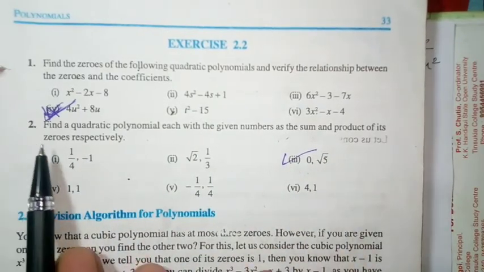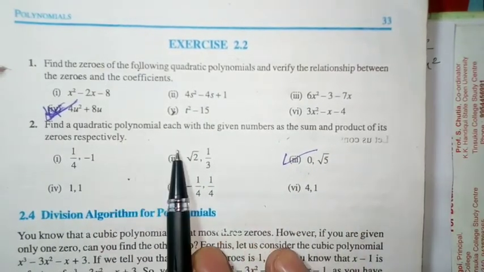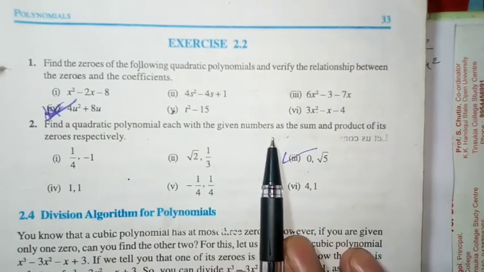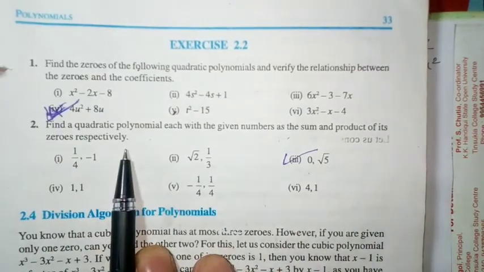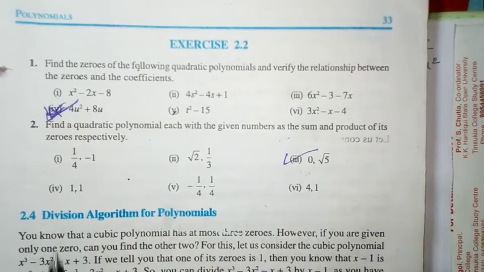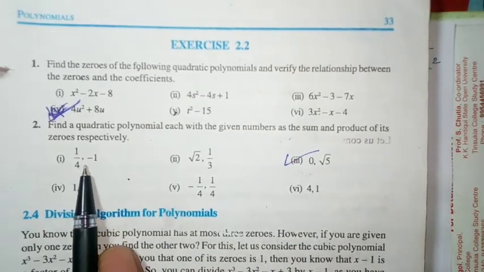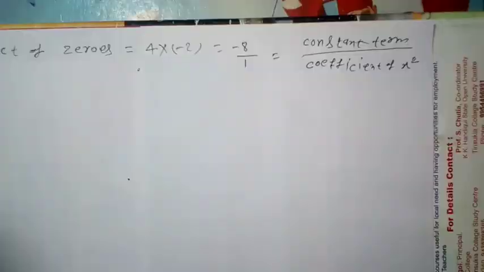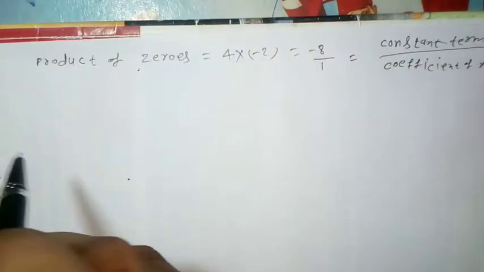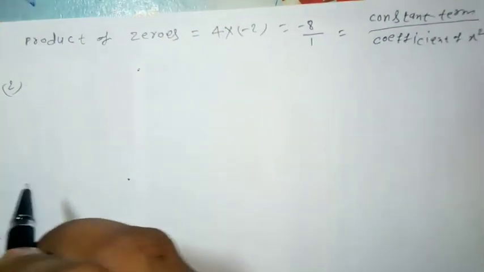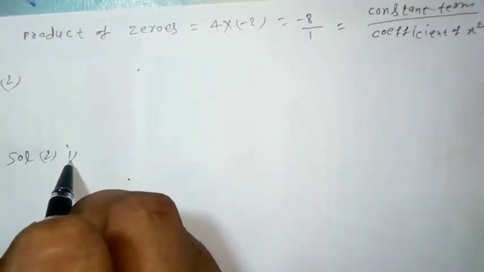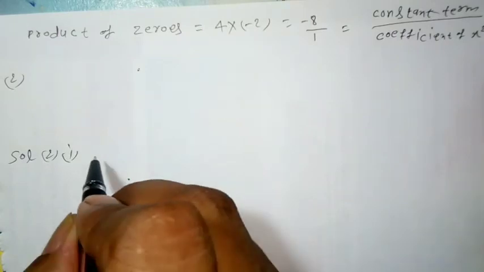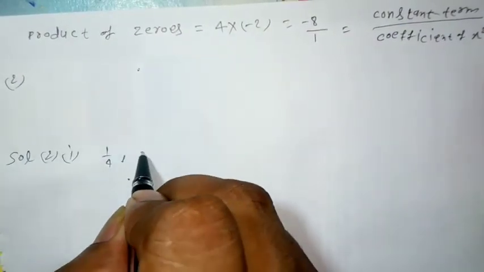Now question number 2: find a quadratic polynomial each with the given number as the sum and product of its zeros respectively. The first one is 1 by 4 and minus 1.